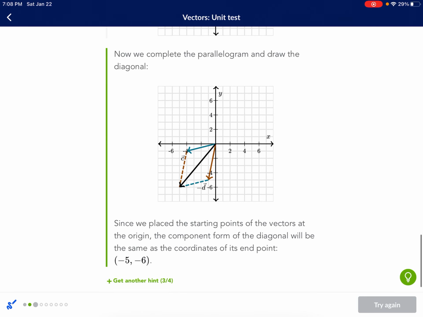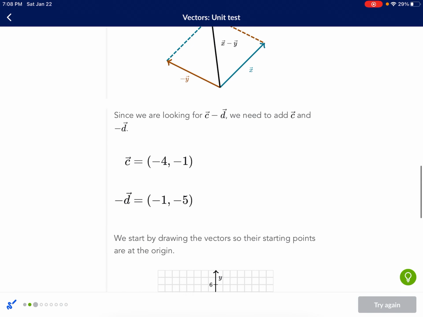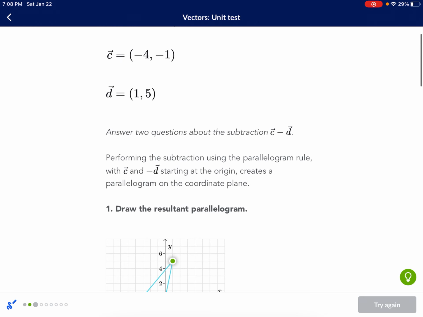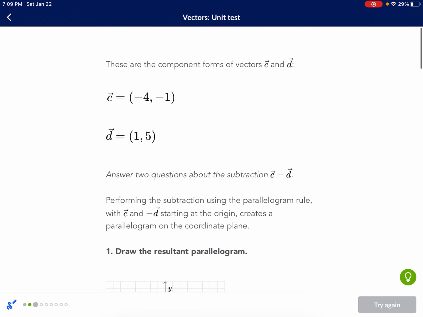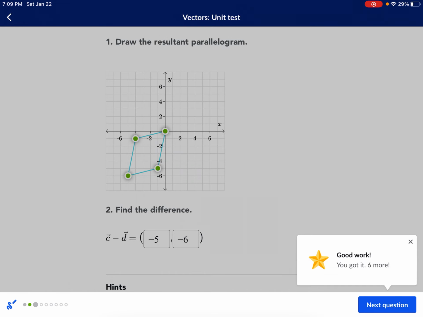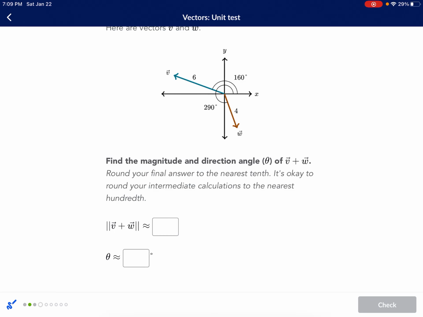Oh my. Oh yeah. I have to negate the D. Negative 1, negative 5. It belongs here. I forgot about that.